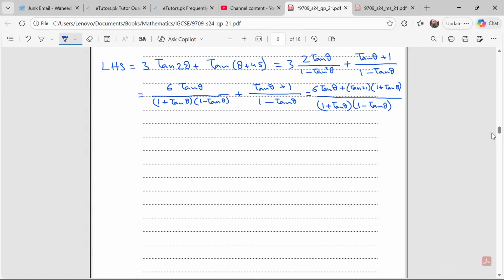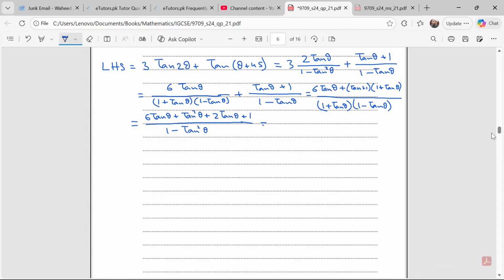In the numerator, I have 6 tangent theta plus tangent plus 1 times tangent plus 1, which is tangent plus 1 squared. So I can expand this square as tangent square theta plus 2 tangent theta plus 1, right? And the denominator, I can combine that together again, so this is 1 minus tangent square theta.